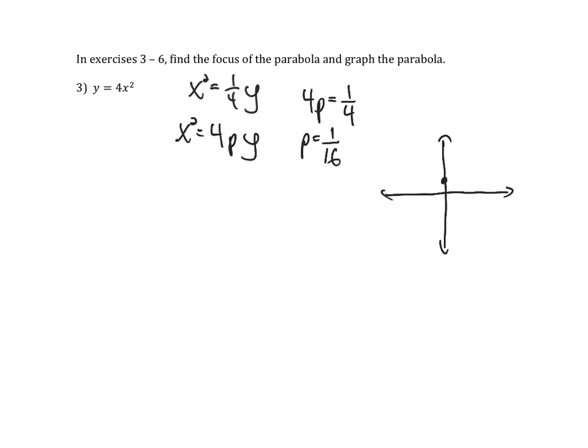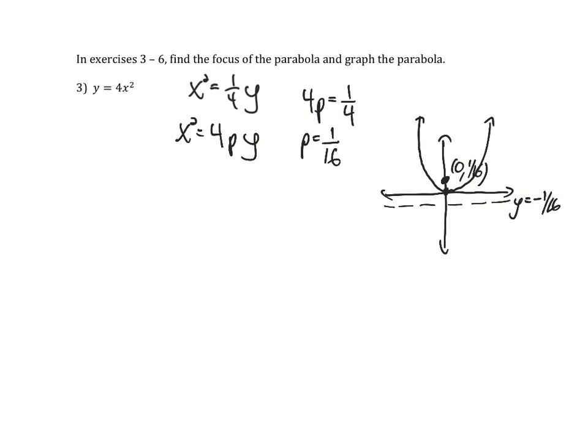Here is (0, 1/16). My parabola must be shaped like that, which means if the focus is positive 1/16, my directrix must be negative 1/16.